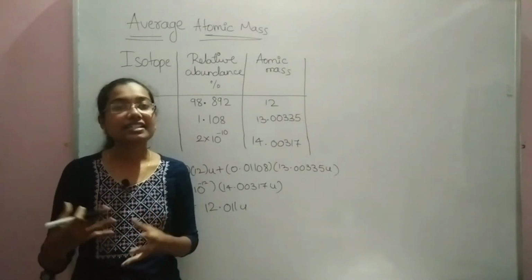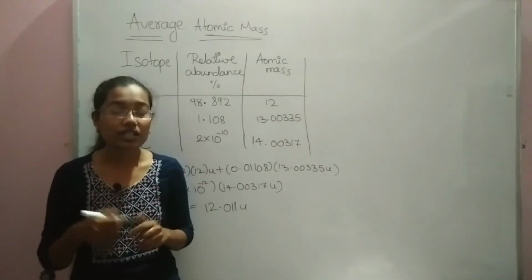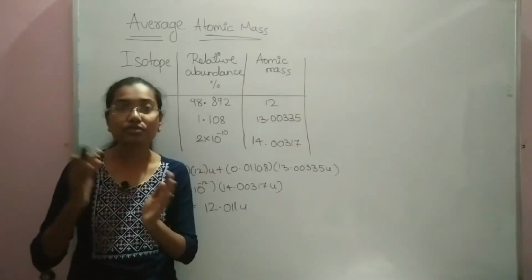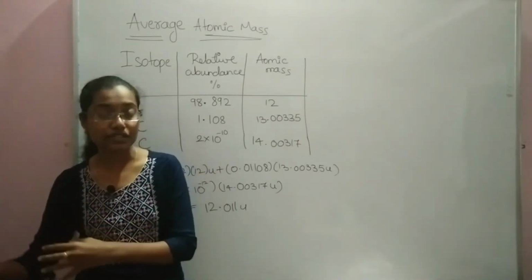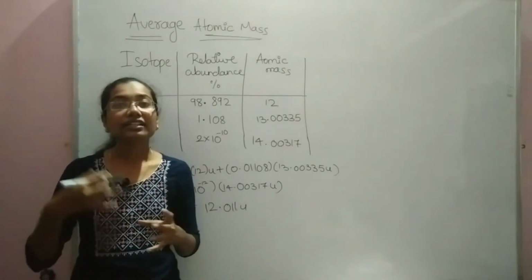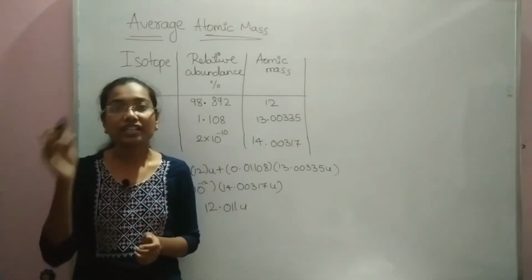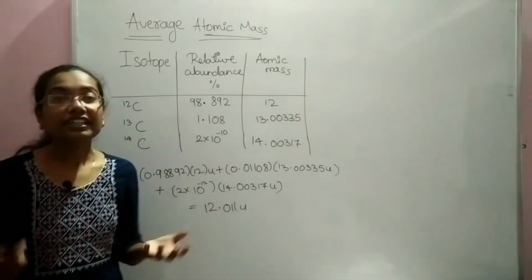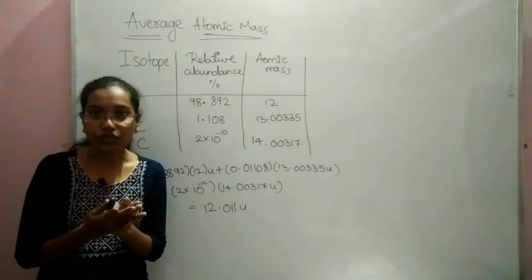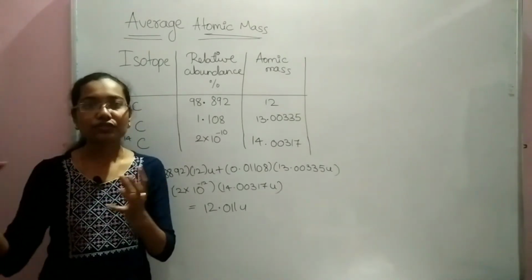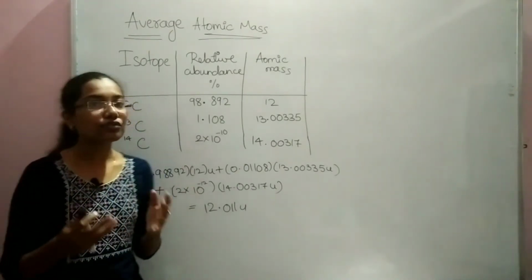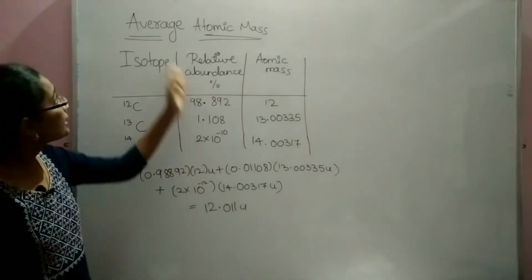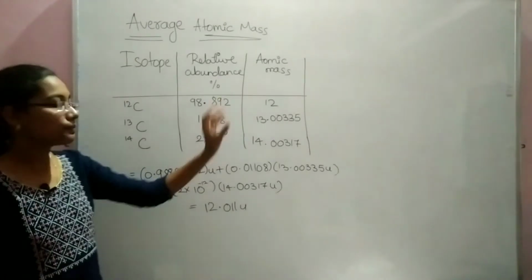But when they ask generally what is the atomic mass of carbon, then we have to take the average of the masses of all those isotopes, and we generalize the atomic mass of that element by the average atomic mass. Here we have calculated the average atomic mass of carbon.